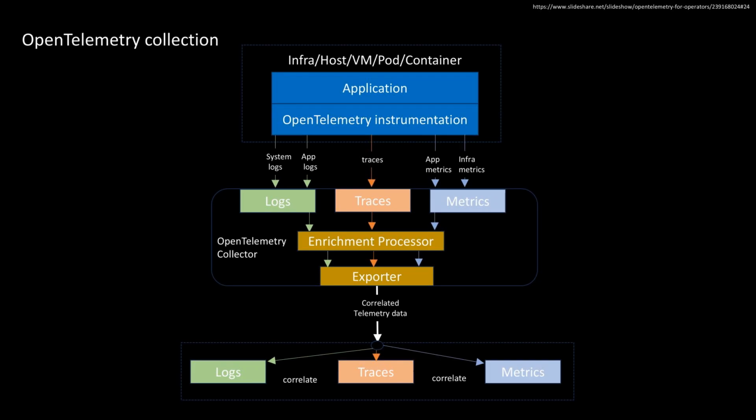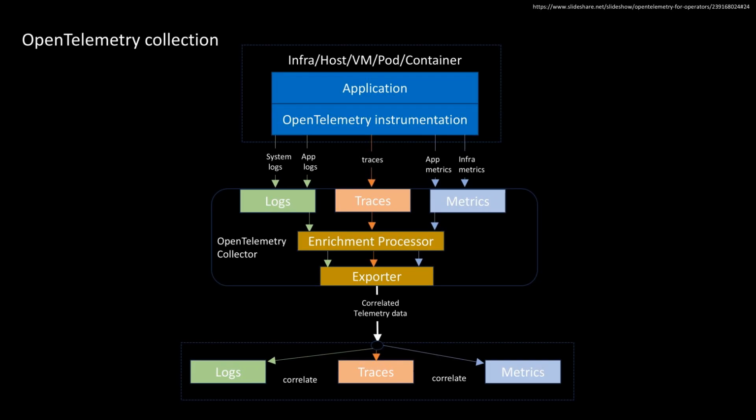Once data is collected, it moves to the OpenTelemetry collector. This component aggregates, processes, and enriches the telemetry data before sending it onward. It ensures the data is consistent for further analysis.